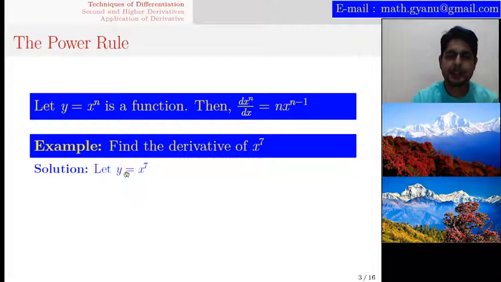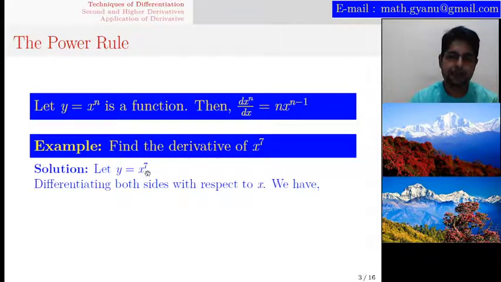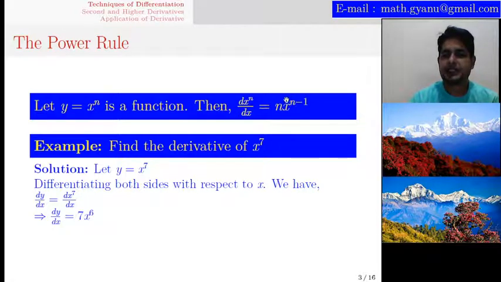Solution: let y equal to x^7. Differentiating both sides with respect to x, we have dy by dx equal to d x^7 by dx. Okay, operating both sides with d by dx and applying the power rule, this will imply dy by dx equal to, since the value of n is 7, we write 7 in the coefficient, and x power n will decrease by 1 unit, that is x^(n-1).